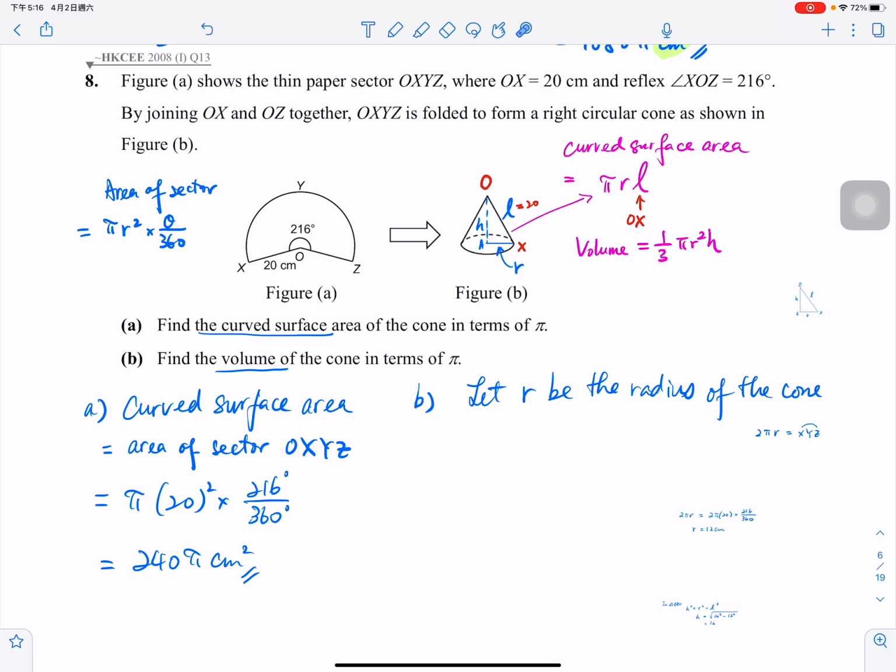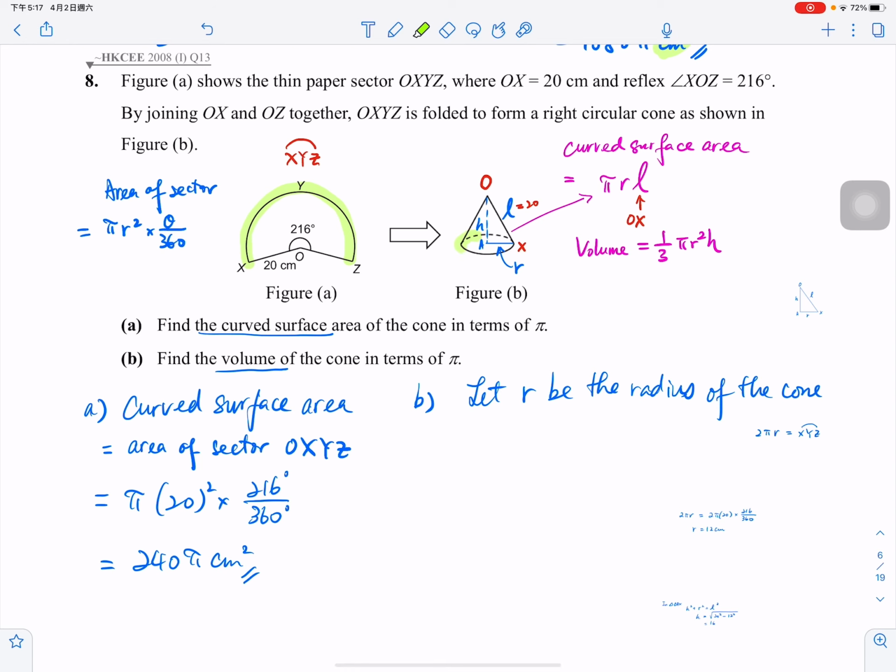You can use two methods to find r. For example, the arc length XYZ is actually the same as the circumference of the circle at the base of the circular cone.